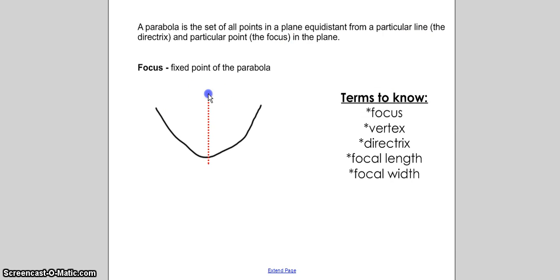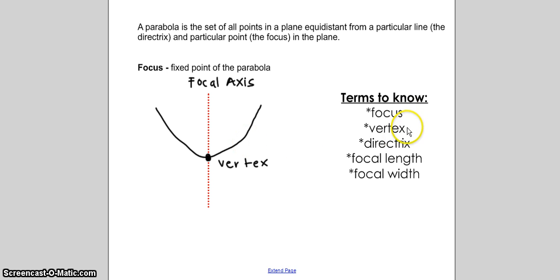Your focal axis is going to cut that parabola in half. And on that focal axis, you're going to have something called the vertex. This is a definition you're going to need to know: the vertex occurs where the parabola touches that focal axis. So there's my focal axis in red, and my vertex is where my parabola intersects that focal axis.